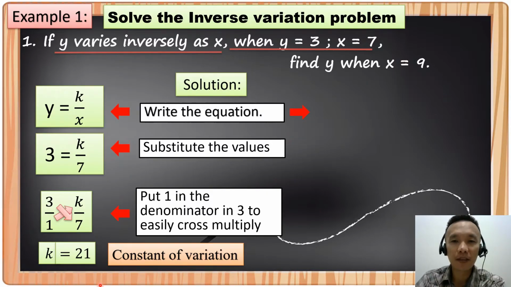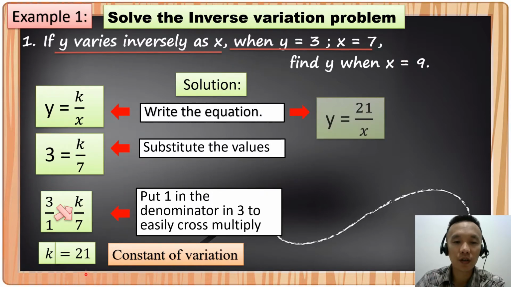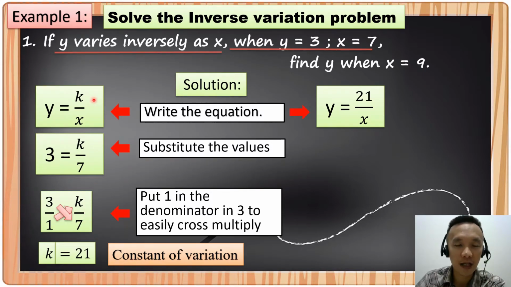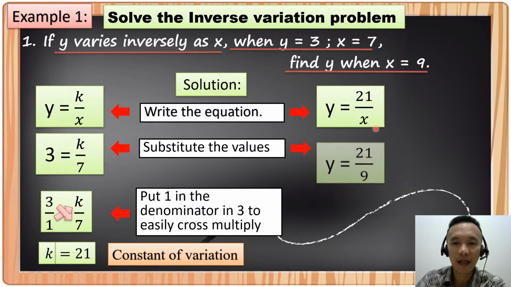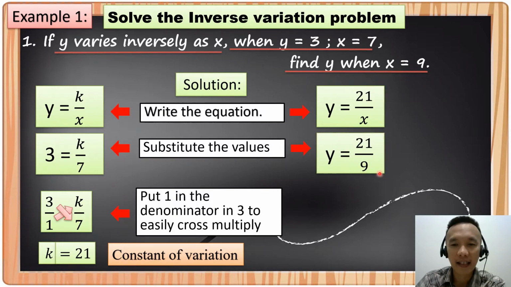So, substituting in our equation, y is equal to 21 over x. Our k from the equation will now be replaced by 21. And since we already have x equal to 9, our x here will become 9 also.